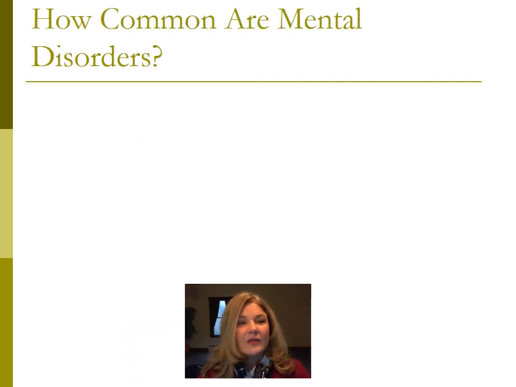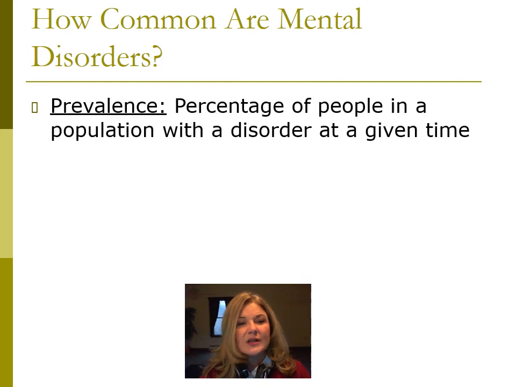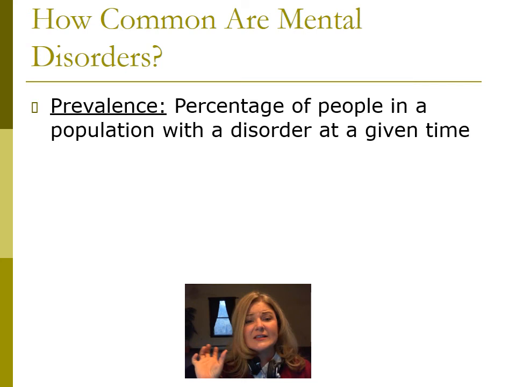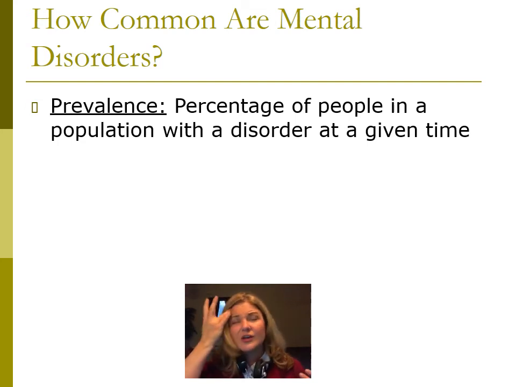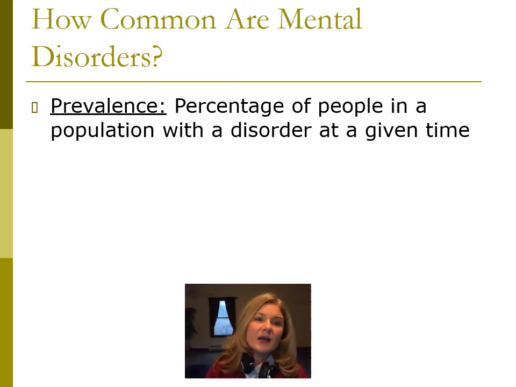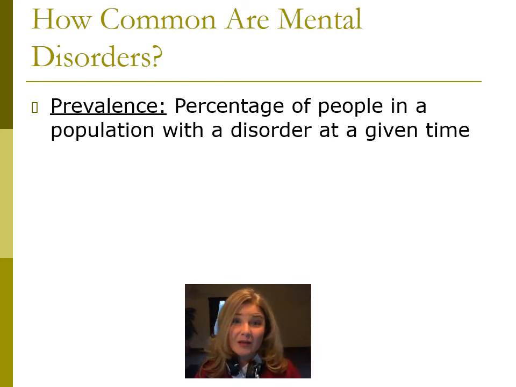A few other things that I want to talk about. How common are mental disorders? Prevalence. Let me give you a quick definition here. Prevalence has to do with the percentage of people in a population with a disorder at a given time. And I do want you to have a general sense of how prevalent certain disorders are. For example, some disorders are more prevalent, more common, than others.